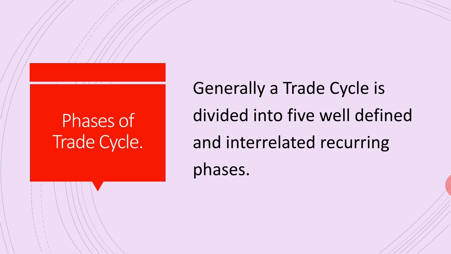They are not different and not separate, and they recur, that means they occur again and again. Once again I will repeat: a trade cycle is divided into 5 well defined and interrelated recurring phases. That means they are related to each other and they occur again and again.